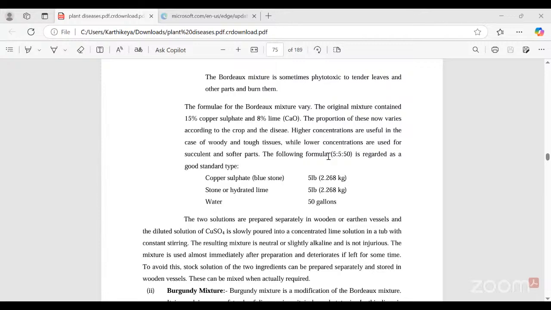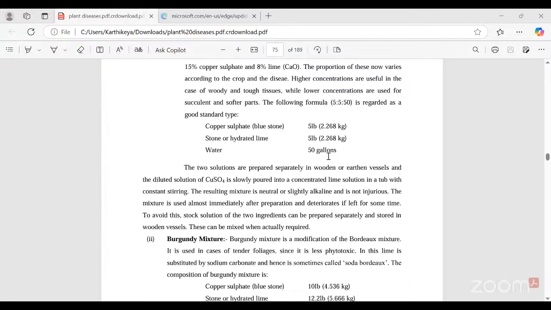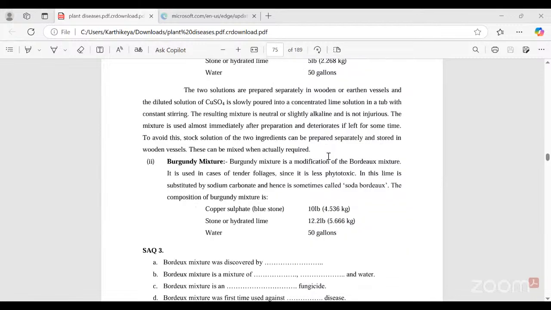The following formula is there: copper sulfate, bluestone, 2.268 kgs, and stone or hydrated lime, 2.260 kgs, water 50 gallons.